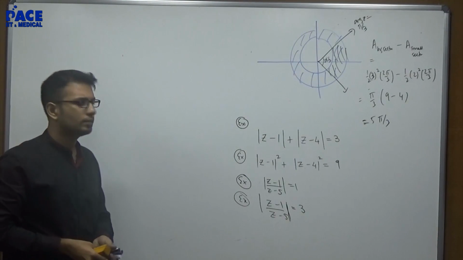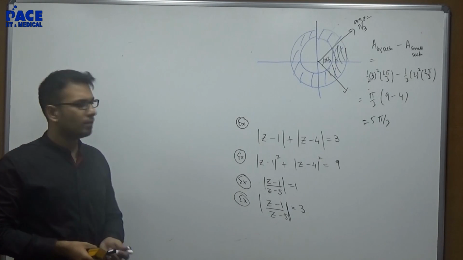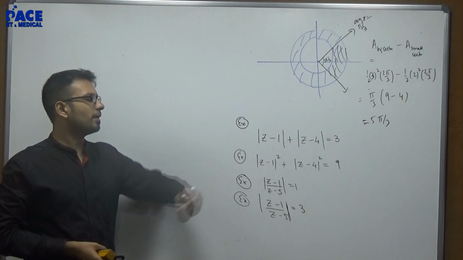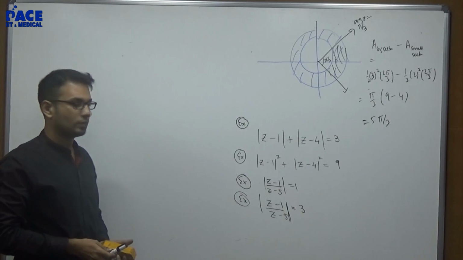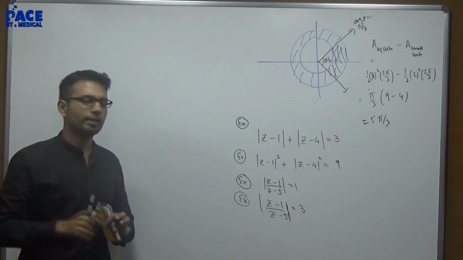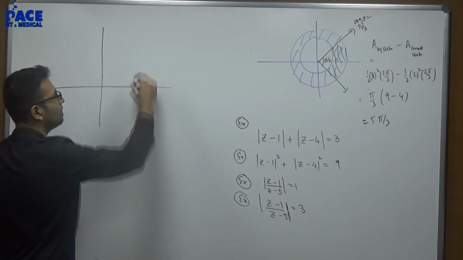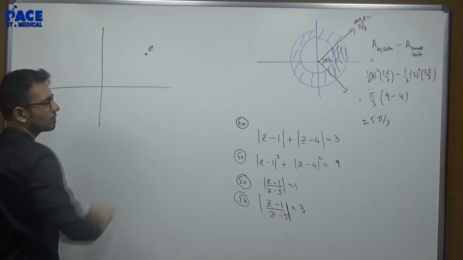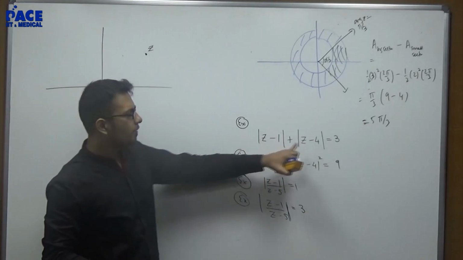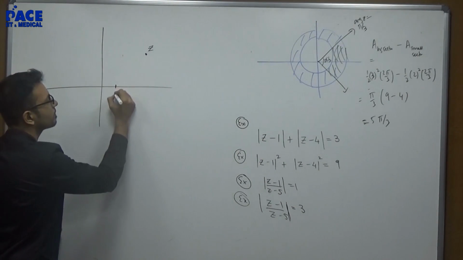देखो, look at the first one. Mod z minus 1 plus mod z minus 4 is 3. Okay. Now let's try to interpret this geometrically. जैसे, imagine you have a complex number which is z. Now, what do these 1 and 4 correspond to? 1 and 4 on the axis, real axis. Suppose this is 1.